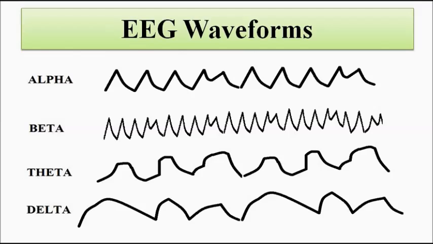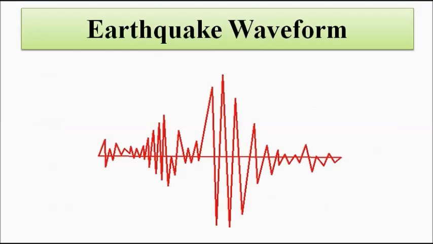We have already discussed this in biomedical instrumentation. Then also we can transmit various other natural phenomena data, such as earthquake vibrations. A typical earthquake waveform looks something like this.